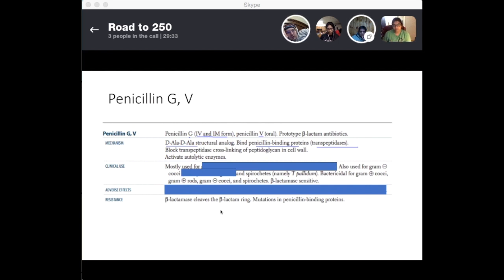Okay, that makes sense, because the mechanism is blocking cross-linking, so it's essentially blocking the building of the structure of the cell wall. So probably in the ratio of autogenic and autolytic enzymes, autolytic is going to overpower because you're preventing genesis from occurring.